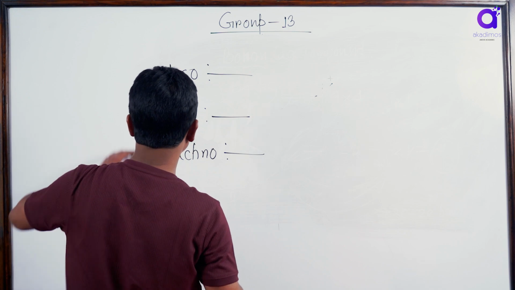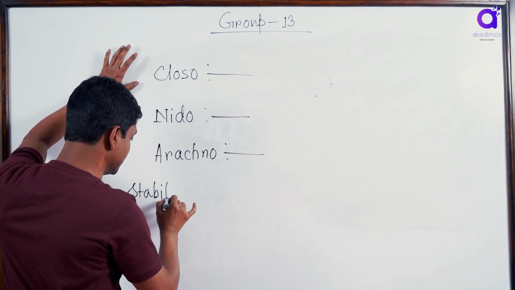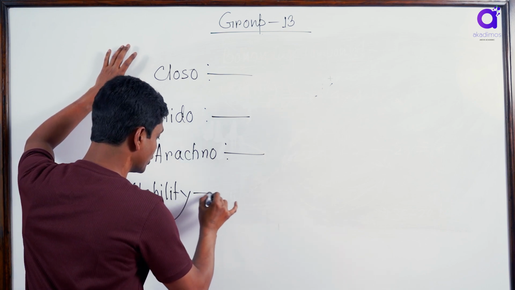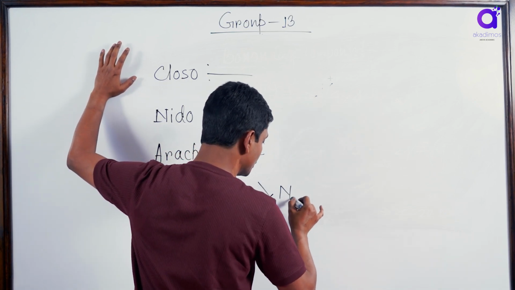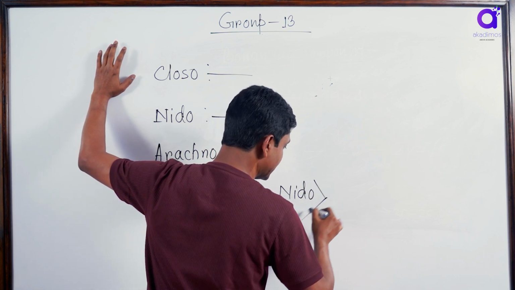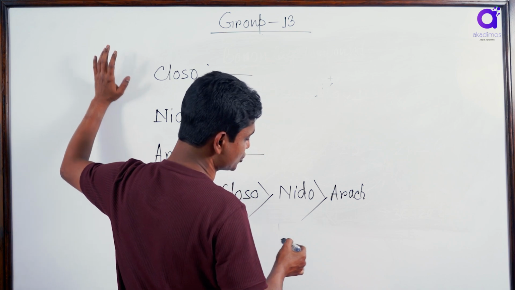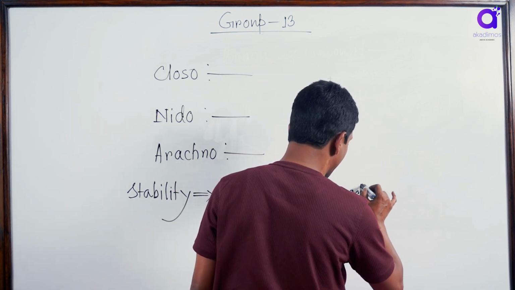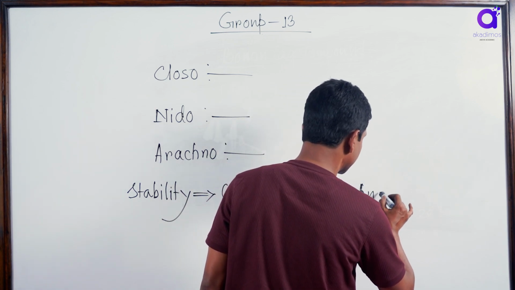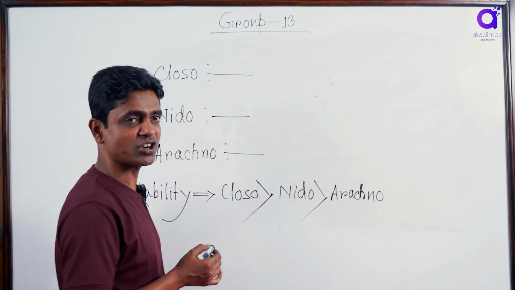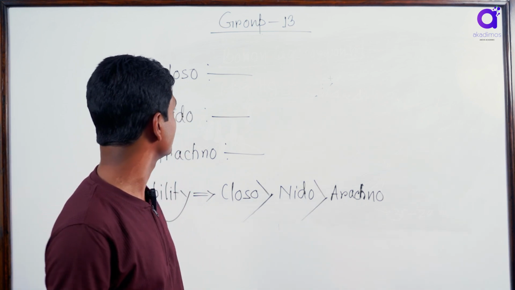Remember the stability order: Closo is greater than Nido, which is greater than Arachno. Now, in a question, when the formula of a borane is given, how do you find which one is Closo, Nido or Arachno? That I am going to discuss.